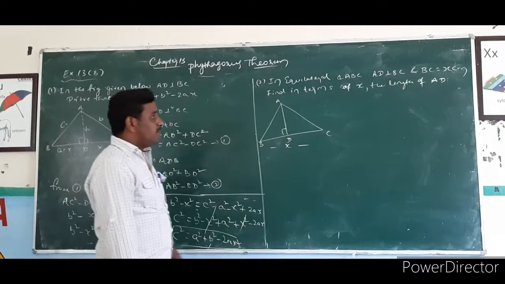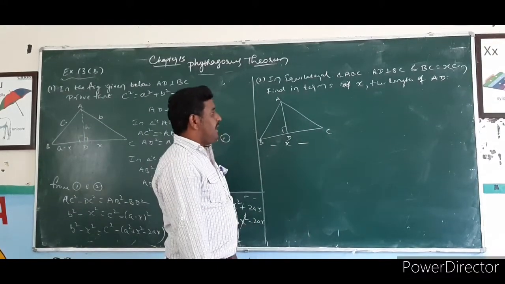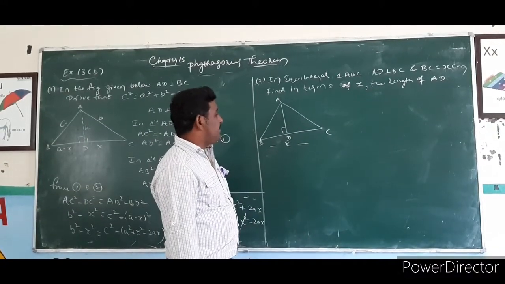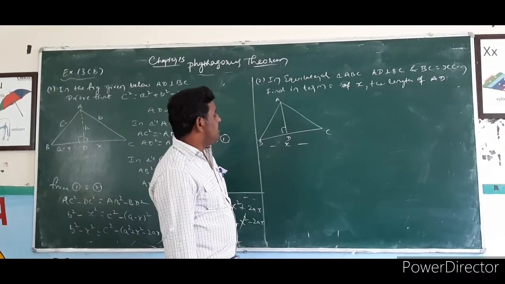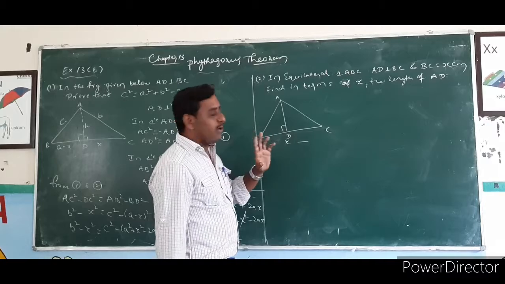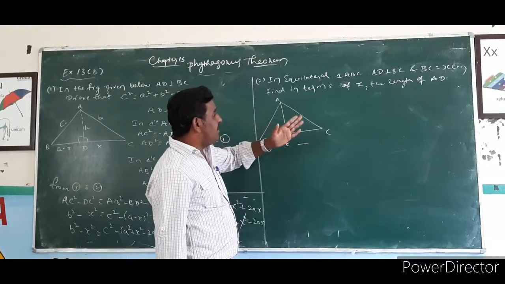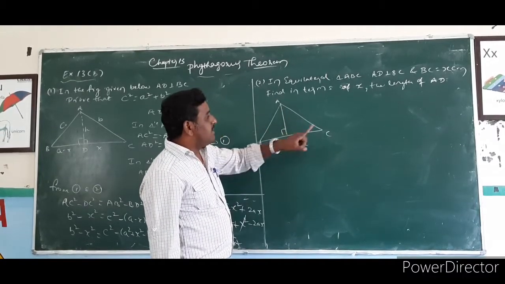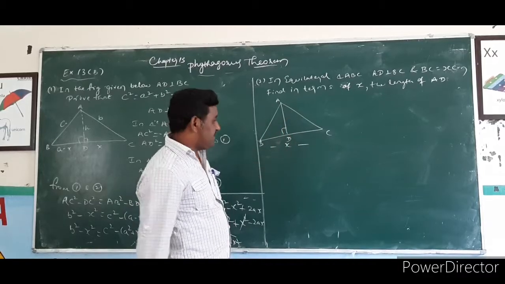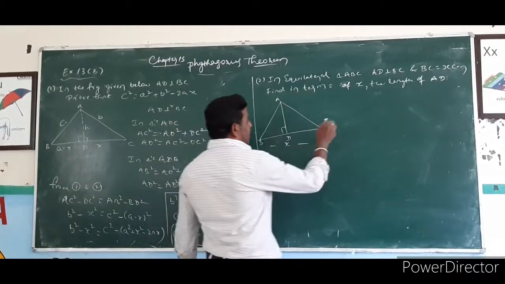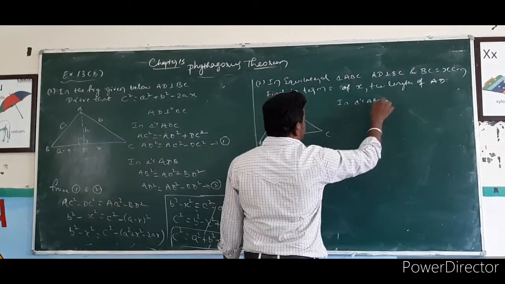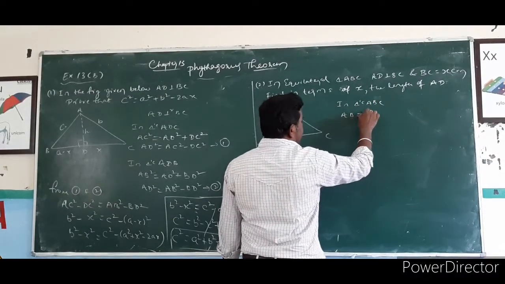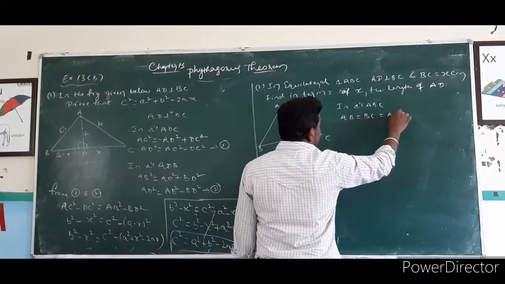Next one. In an equilateral triangle ABC, AD perpendicular to BC. BC is given as x. There are no other given values, but we have to find AD in terms of x. Equilateral triangle means AB is equal to BC is equal to AC.